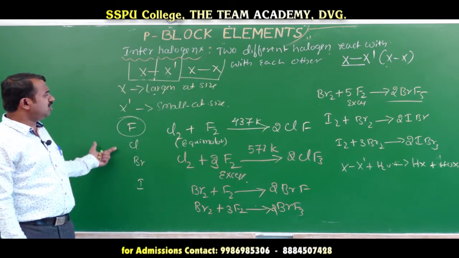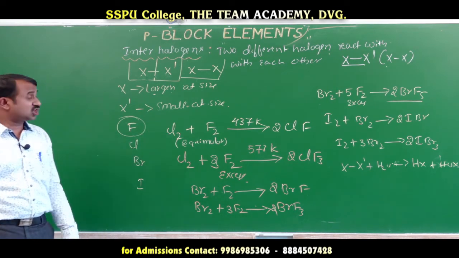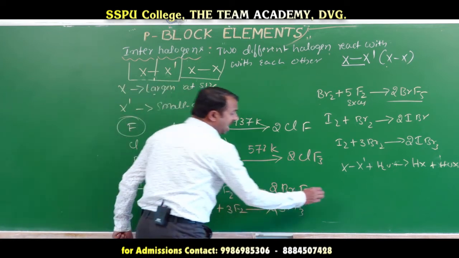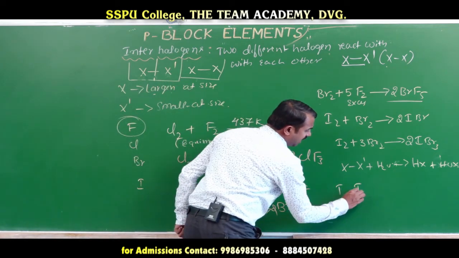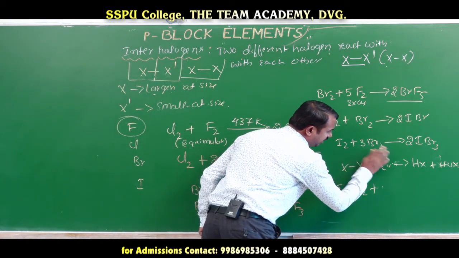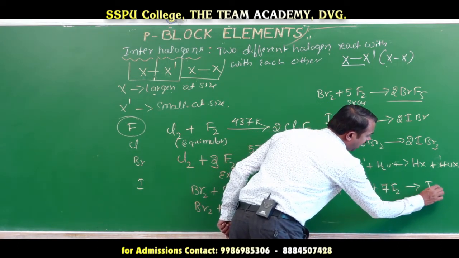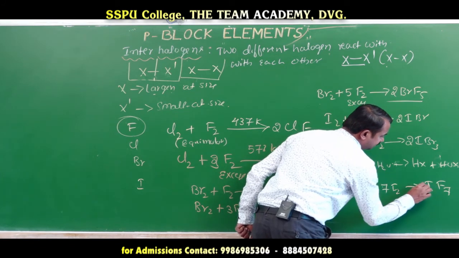Now coming to the structure of interhalogens. Here, IF7: iodine reacts with 7 molecules of fluorine to form IF7.